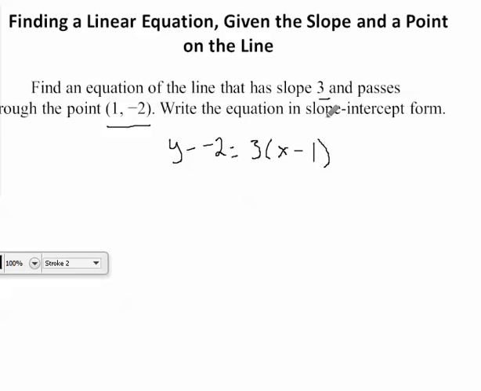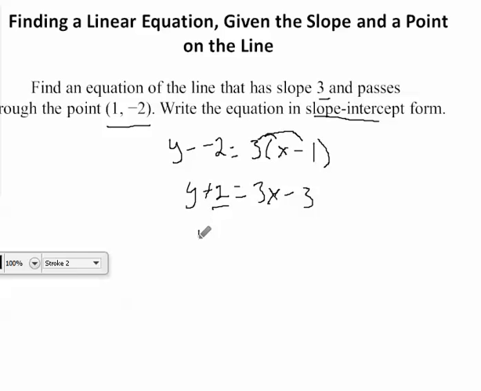But that's not what they wanted. They wanted it in slope-intercept form. So what we're going to have to do is turn this into slope-intercept. Remember how I did that last time? I used my distributive property here to begin with. And I'm going to get y plus 2 is equal to 3x minus 3. Now, to get this into slope-intercept, I got to get rid of this one.